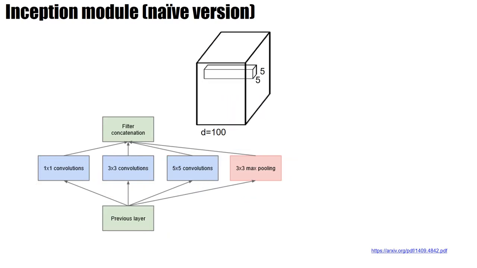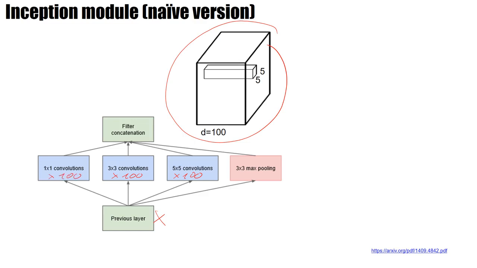So let's also offer as a possibility for this layer 3 times 3 pooling. Now, if you do the parameter count, then you find that if you offer 3 times 3 and 5 times 5, where 5 times 5 in this example, applied on a depth 100 in the previous layer, really means 5 times 5 times 100, 3 times 3 times 100, 1 times 1 times 100.